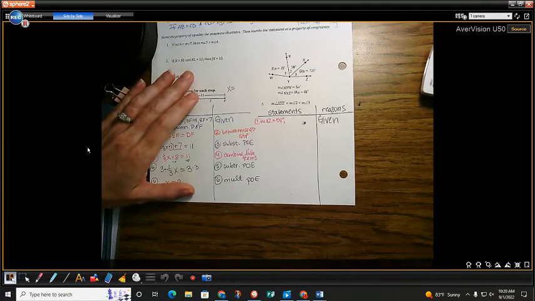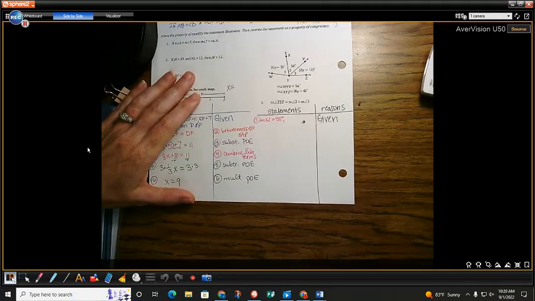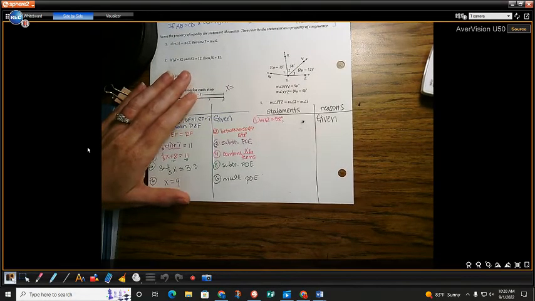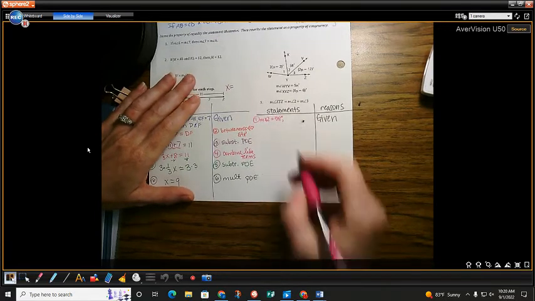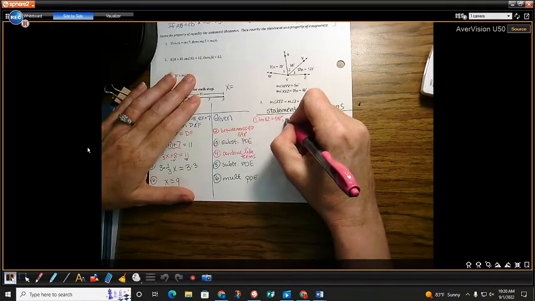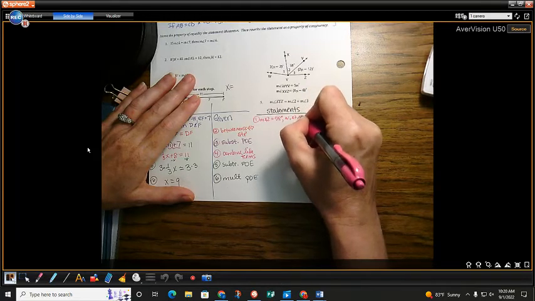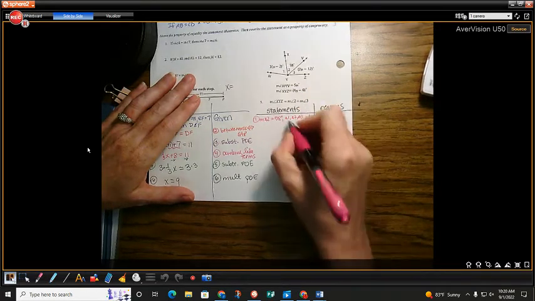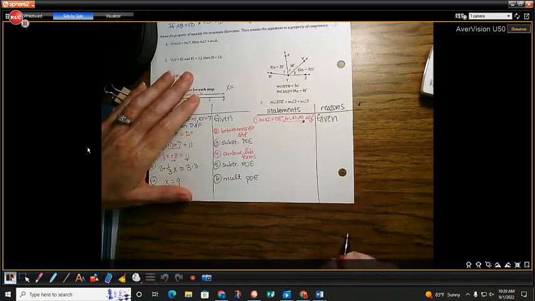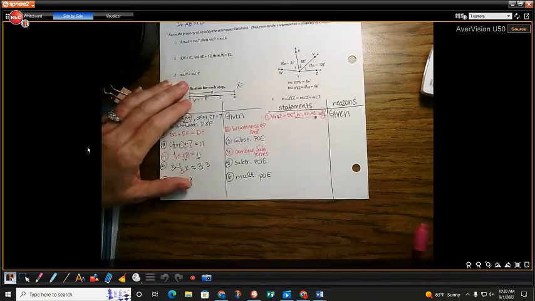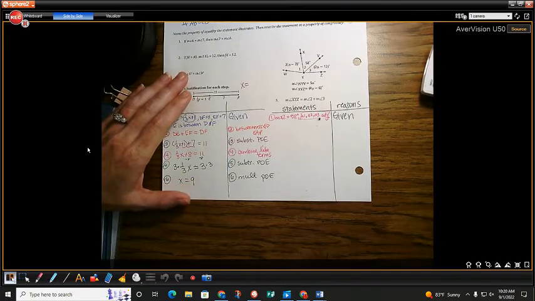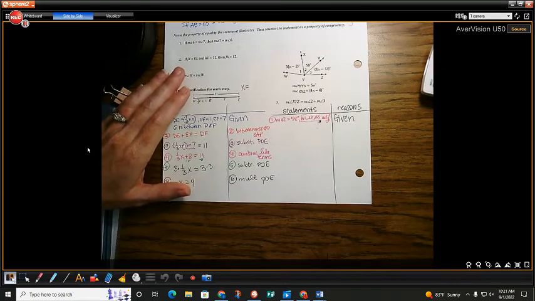What else was I given? Angles 1, 2, and 3 are all adjacent. That's something you can see in the picture. Next victim. What's something else you can see in this picture that they tell you?